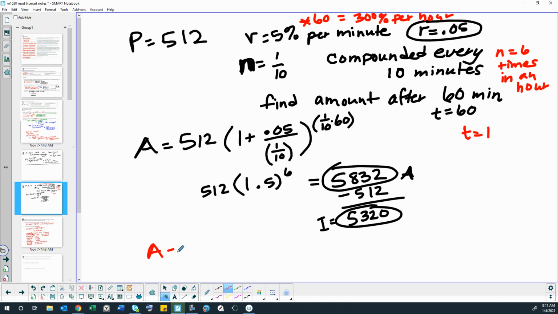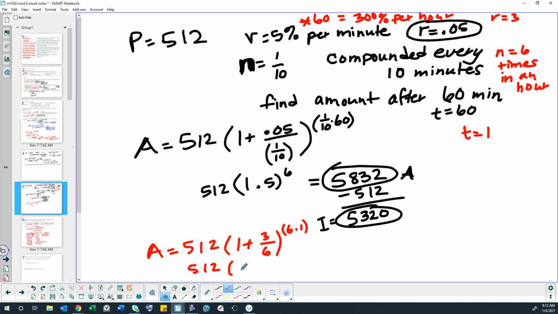So the amount would be 512 times 1 plus, oh yeah, so we need to change our rate. If it's 300%, that changes our rate to 3. So 3 divided by n, which is 6. And then that will be to the nt power, so 6 times 1. 3/6 is 1/2.